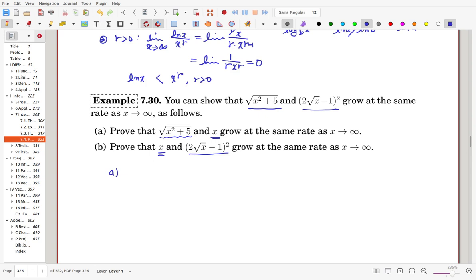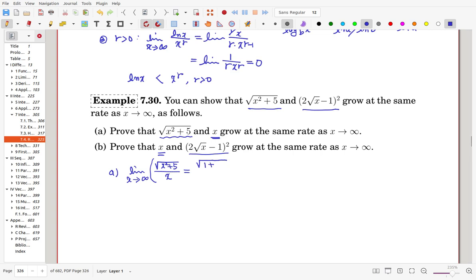Same ratio, limit as x approaches infinity, of square root of x squared plus 5 divided by x. If we divide top and bottom by x, then inside the radical we have to divide by x squared.